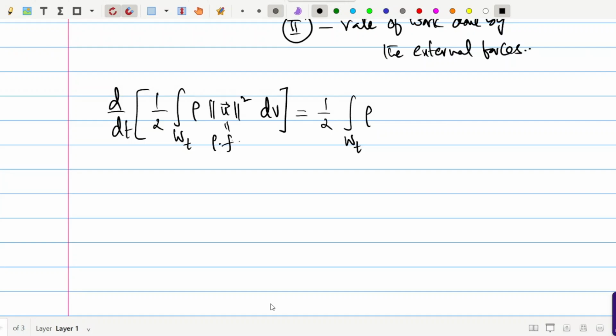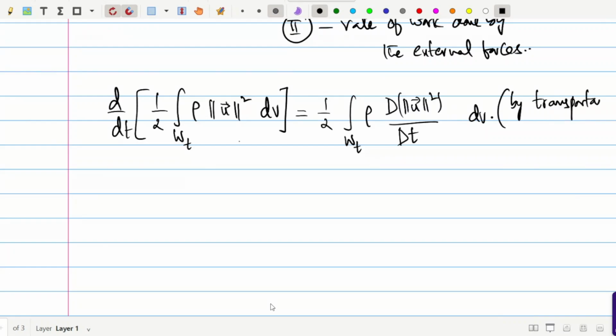This whole thing is like rho into F. Where is the transportation theorem?